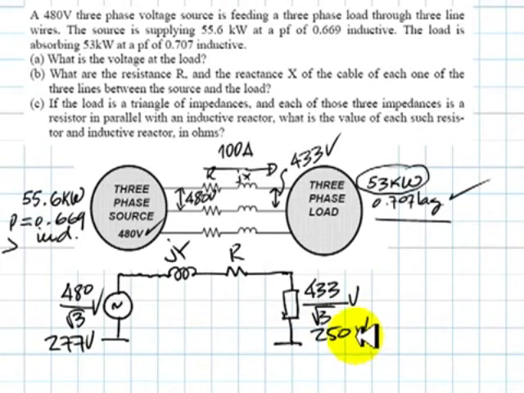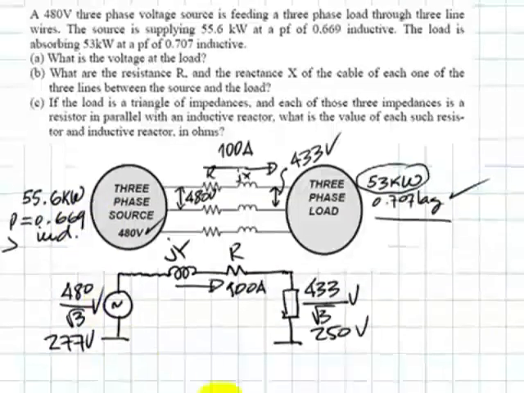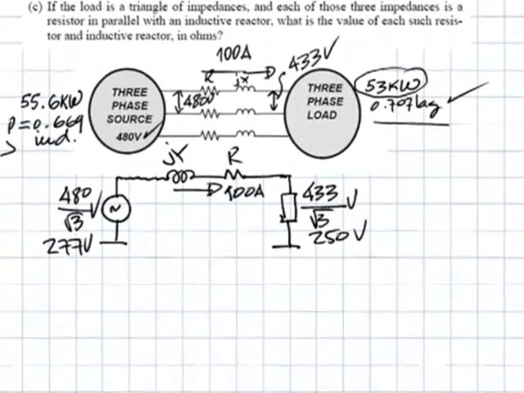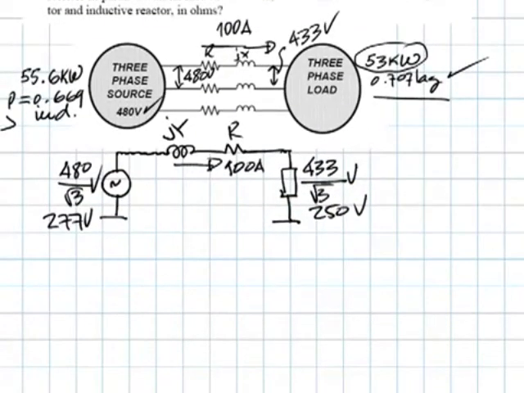And the current is also known. The current we computed is 100 amps. And we know the power factor here, which is 0.707 lagging, and we know the power factor here, which is 0.669 lagging as well.